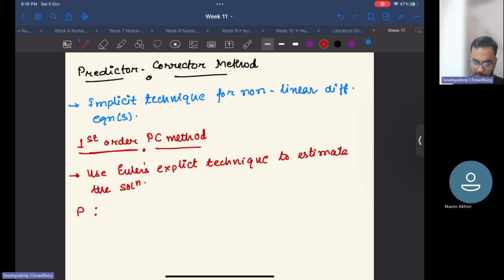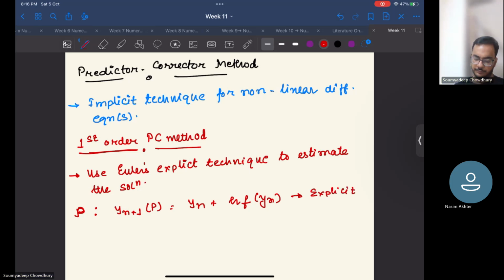So this is called the predictor step. We write it as P. So y n plus 1 predicted is equal to, using Euler's, this is normal thing, y n plus h into f of y n. This is the explicit Euler's technique, and this is not accurate. The order of accuracy is less. So this is not your answer.